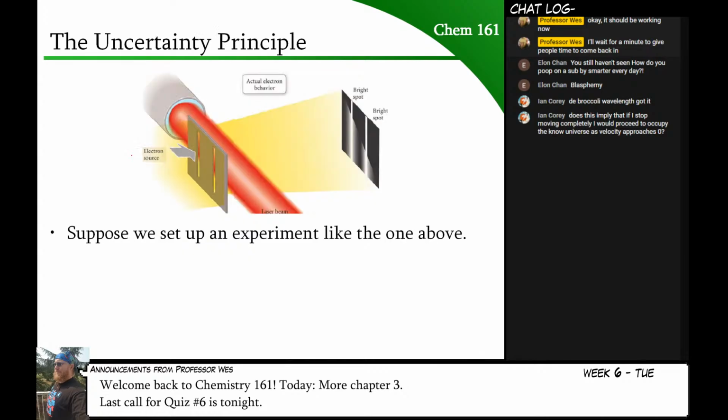All right, let's get weird with this. We're going to set up this experiment. This experiment is a laser beam that is placed in front of my double slit experiment. My electrons are going to go through it, but I'm going to let the electron pass through, and then it's going to pass through the laser, and the laser will diffract or do something.